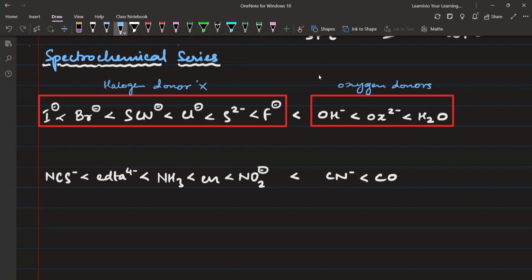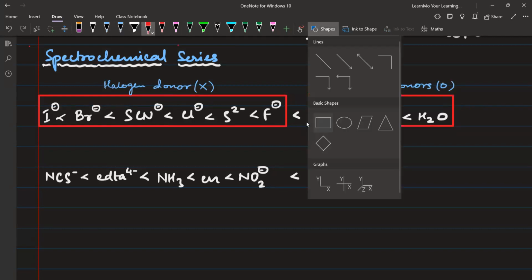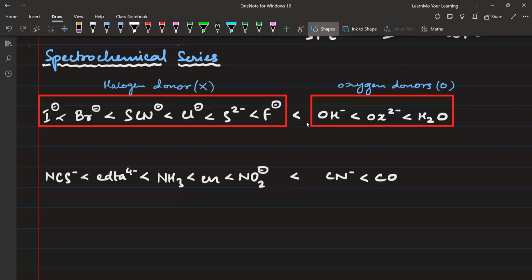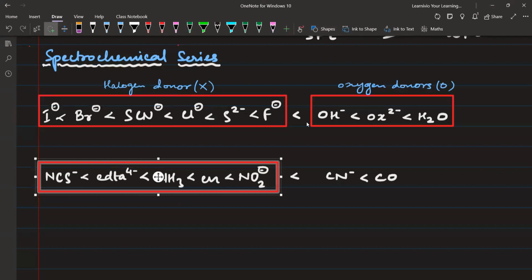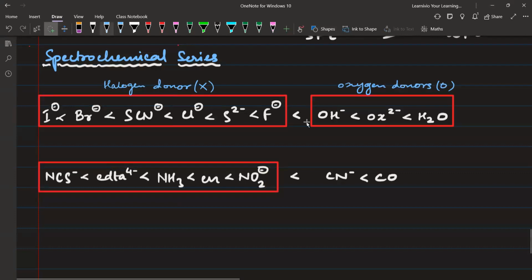अच्छा, halogen donors को हम लोग X से रिप्रेजेंट कर सकते हैं, ऑक्सीजन डोनर्स को O से, and then we have the nitrogen donors. These are known as the nitrogen donors.